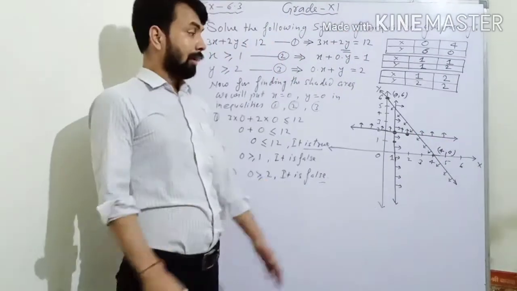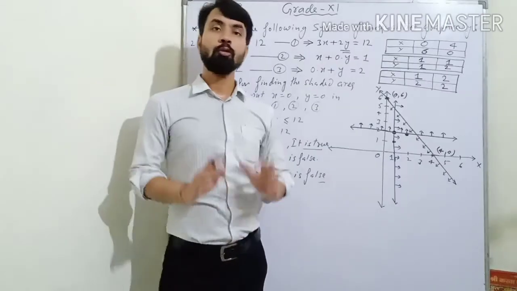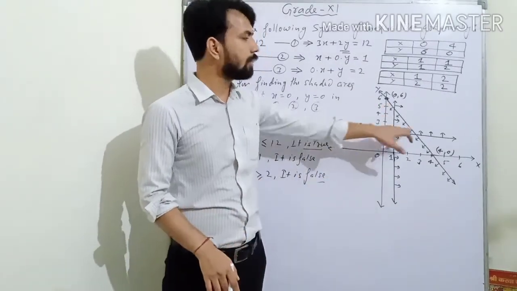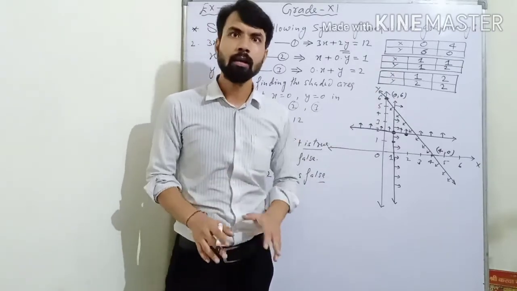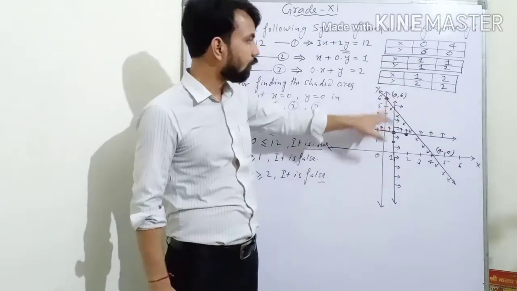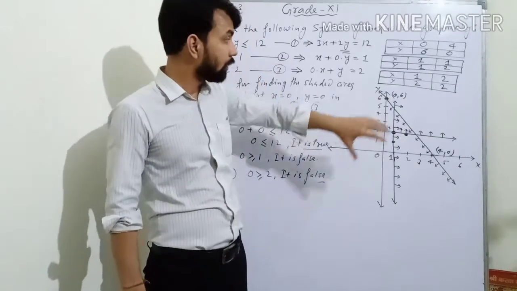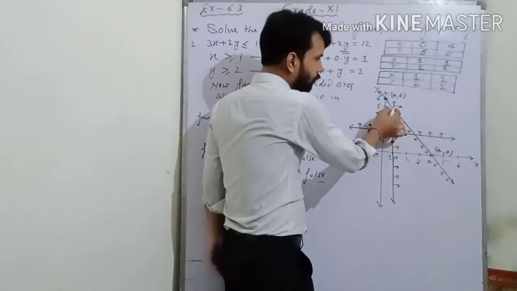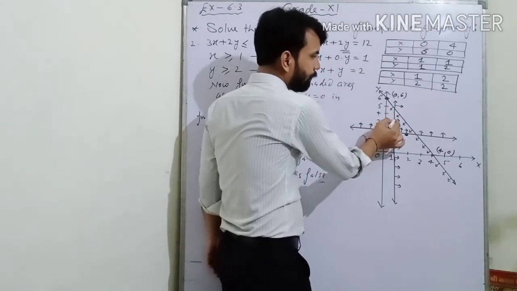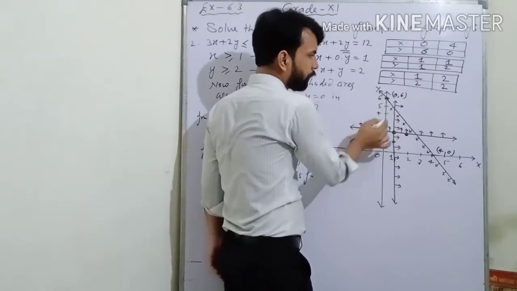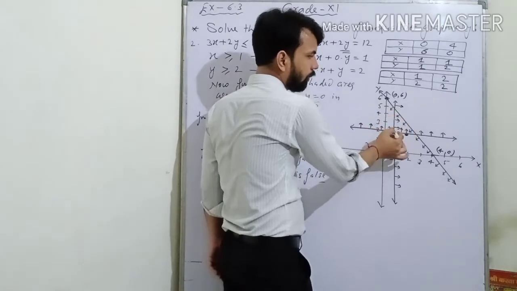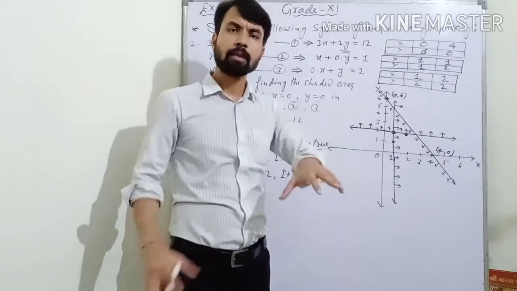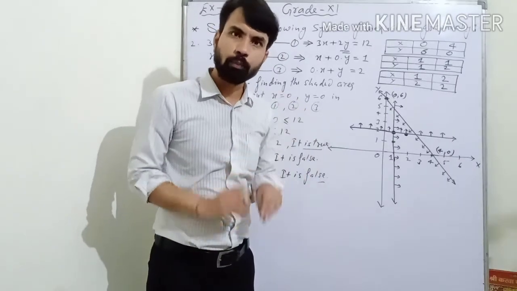Clear? Now, we have to find the common region which is bounded by all these 3 lines, where the shaded portion is common. So see, this triangular region, इसमें देखो इस लाइन का एरो भी है, इस लाइन का एरो भी है और इस लाइन का एरो भी है. वो रीजन देखना है जिसमें तीनों लाइंस के एरोज आपको मिल जाए.